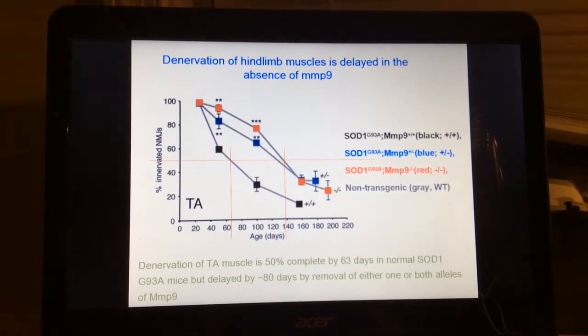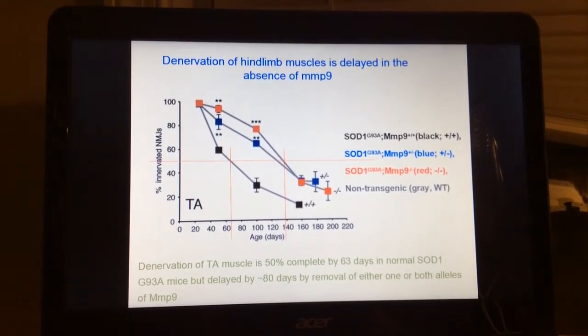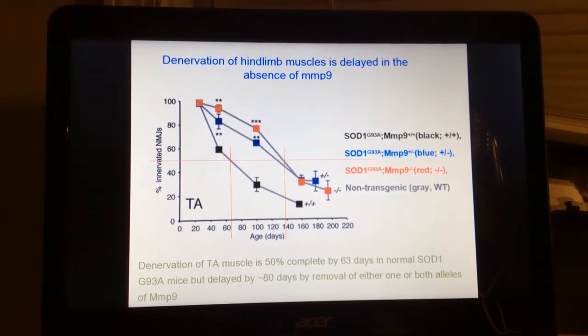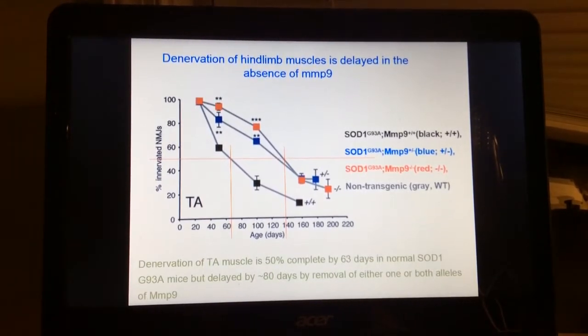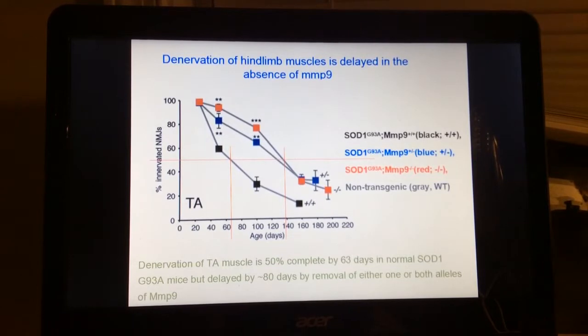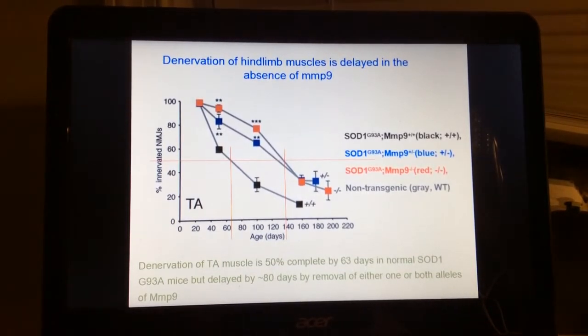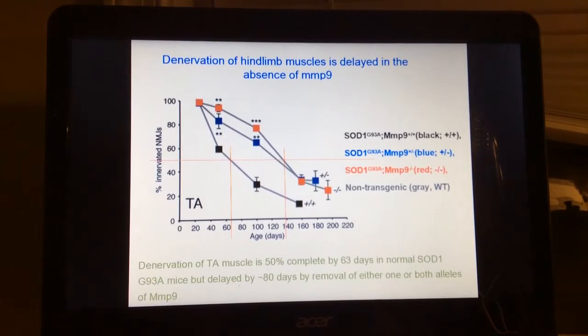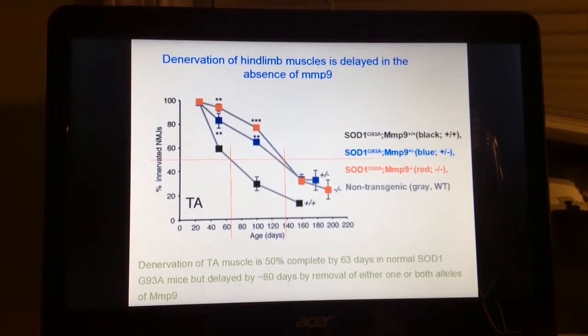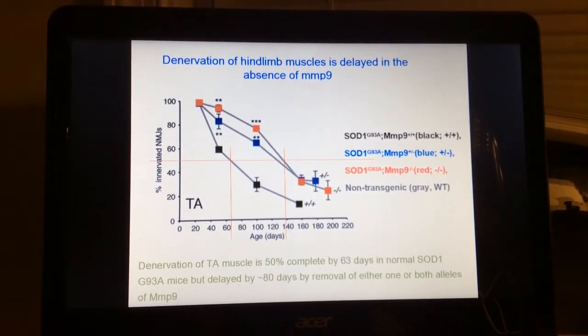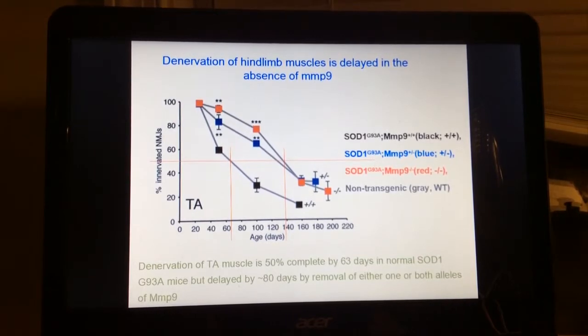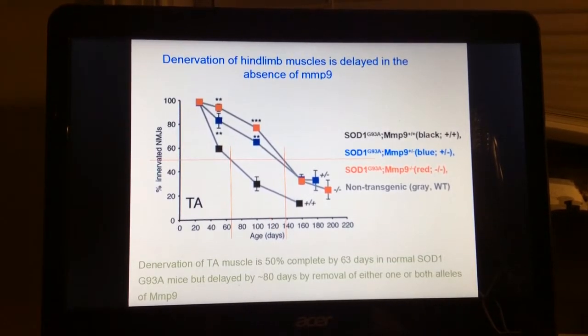Then the author wants to prove that MMP9 is not only a marker for vulnerable motor neurons in ALS, but also actually contributes to motor neuron degeneration in ALS. So here she used SOD1 G93A mice. These mice have a mutation of superoxide dismutase, where glycine is replaced by alanine, which is frequently observed in ALS.